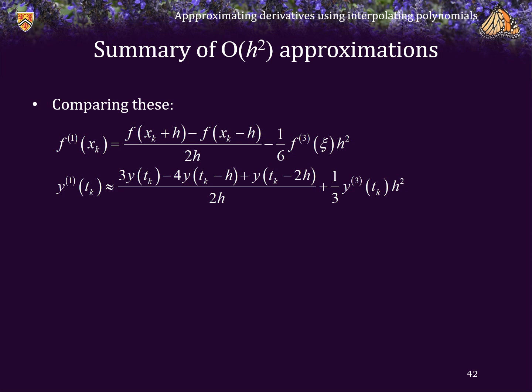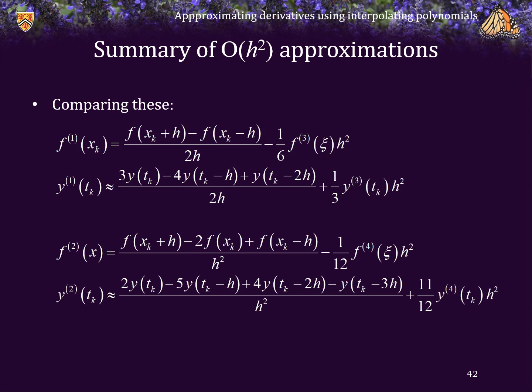Comparing these, the first is the centered divided difference approximation of the derivative and the corresponding error term. The second is the backwards divided difference, and once again we see that the coefficient of the error term is twice that of the first formula. Now, if we look at our approximation of the second derivative, for the centered divided difference formula, the error term is -1/12 times the fourth derivative.